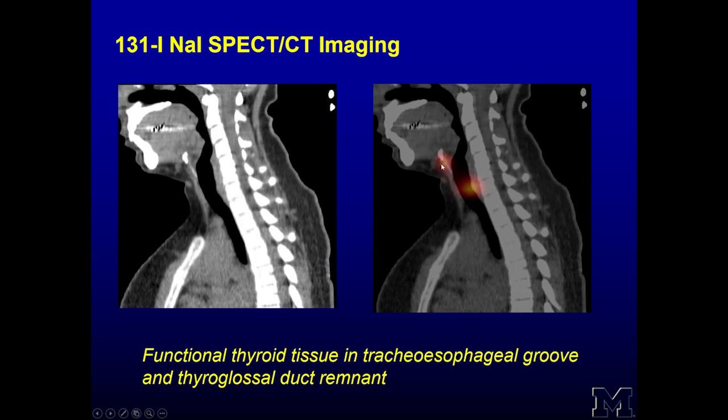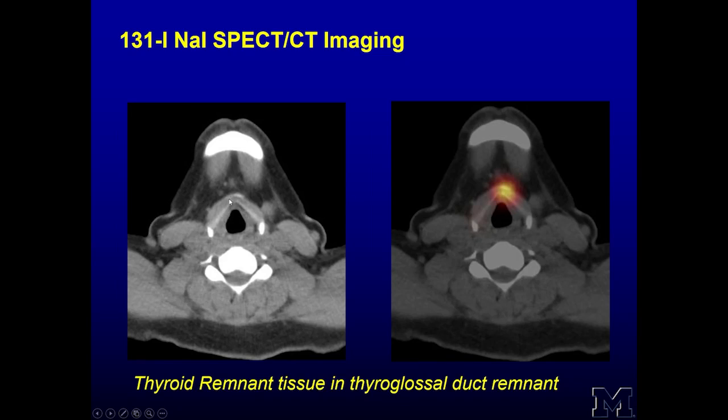And also there is this focal uptake in the midline upper neck centrally, consistent with thyroglossal duct remnant. And a very nice image of this activity here at the tip of the thyroid cartilage, consistent with residual functional thyroid tissue in thyroglossal duct remnant, and this should not be confused with metastatic thyroid cancer.